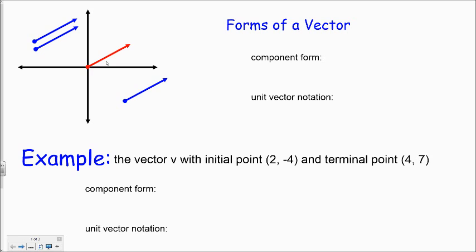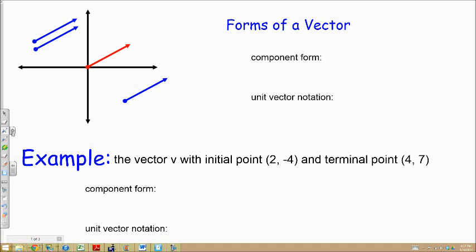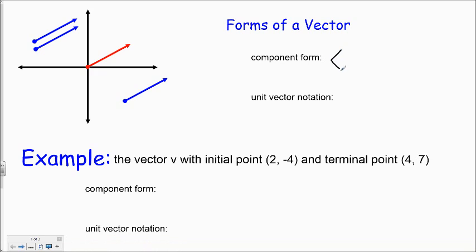Now vectors can also be represented algebraically in two forms. The first is component form, and that's basically very much like a point, except it has arrowed brackets, and rather than the coordinates of the location, it's the change in the x values and the change in the y values, which are represented in those corresponding parts.